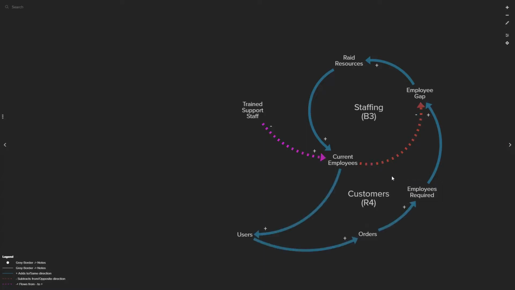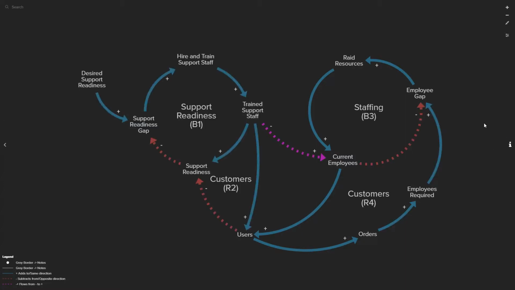And as it turns out, the current employees add to users, add to orders, which then adds to required employees, so that we have another virtuous reinforcing structure, because it develops the business. But it makes the organizational problem more difficult because it continues to add to required employees, and it makes the organization's life difficult in terms of having to continue to add additional employees.